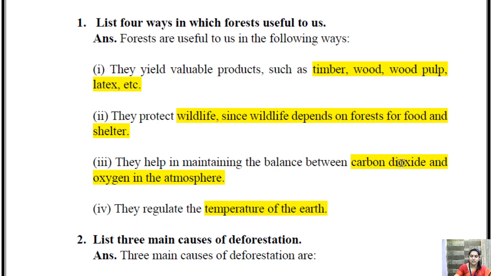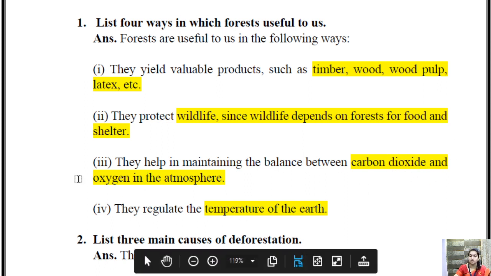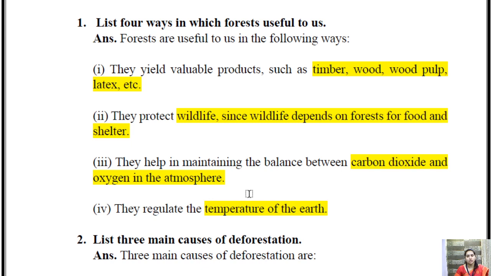Then we have this maintenance of balance between carbon dioxide and oxygen in the atmosphere. Definitely children, the plant, we know that it consumes carbon dioxide, alright, and it releases oxygen. So by releasing the oxygen and by consuming the carbon dioxide, it maintains the balance between the both.